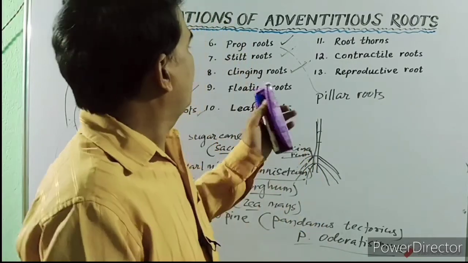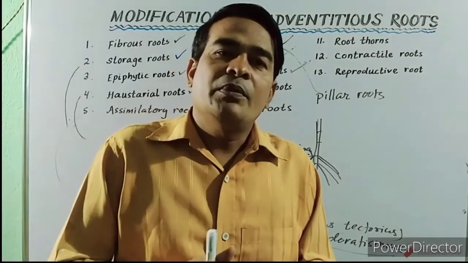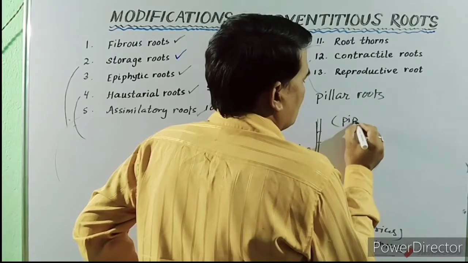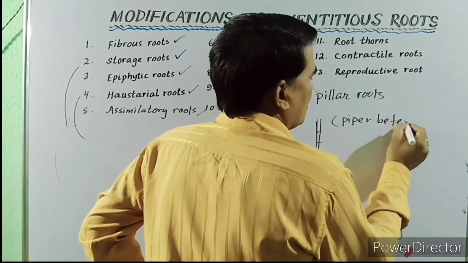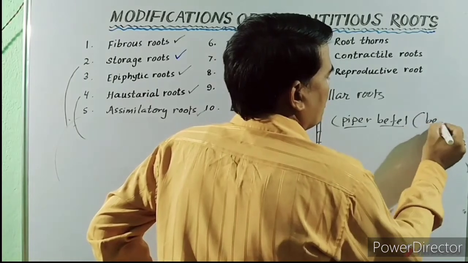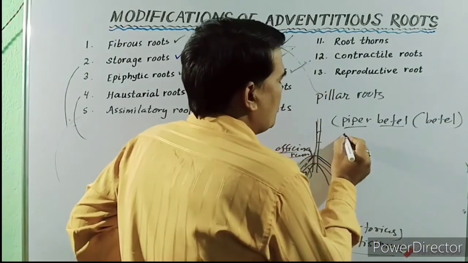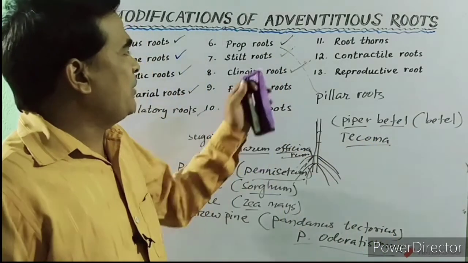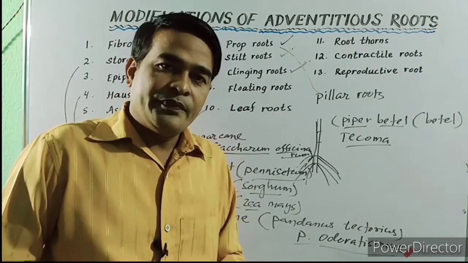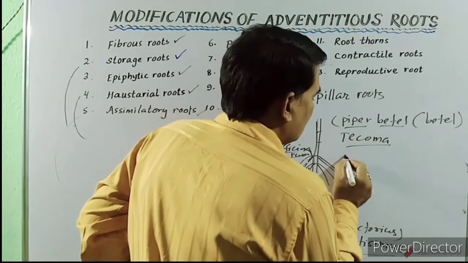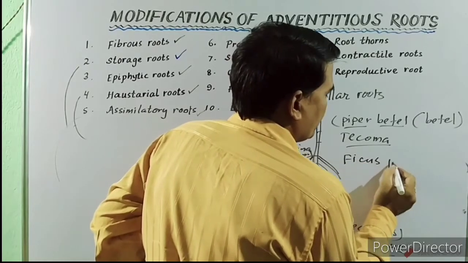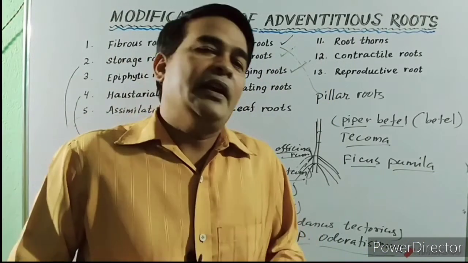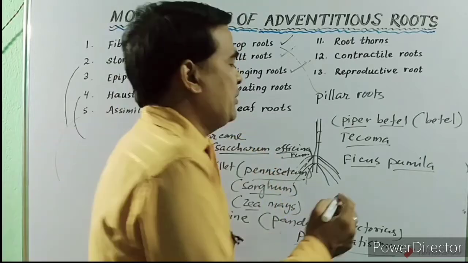Okay, and these clinging roots may develop from the nodes as found in paper betel, then tecoma, etc. Or they may develop from the internodes as in Ficus pumila, or from both nodes and internodes as found in ivy plant.